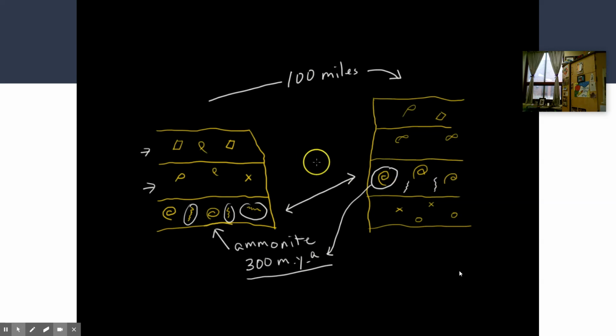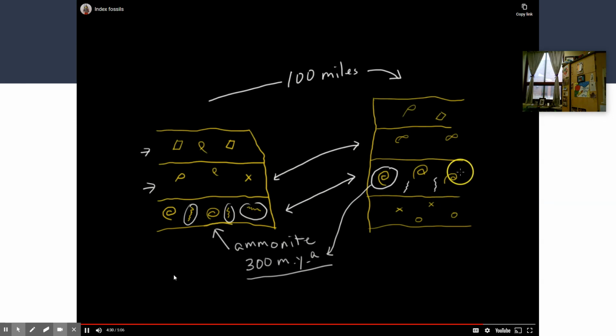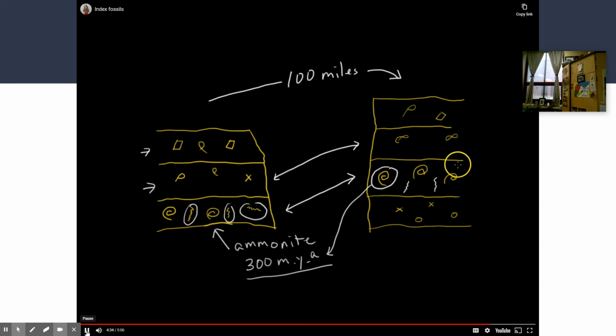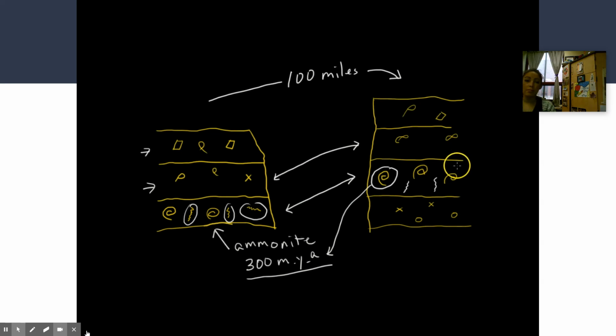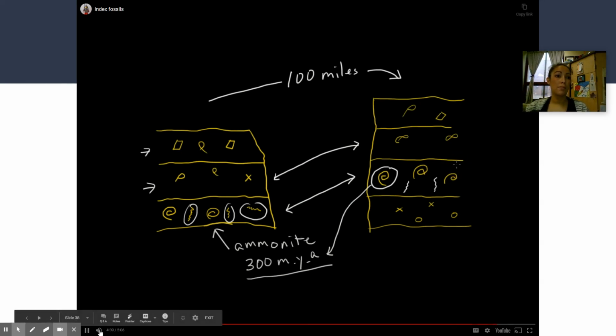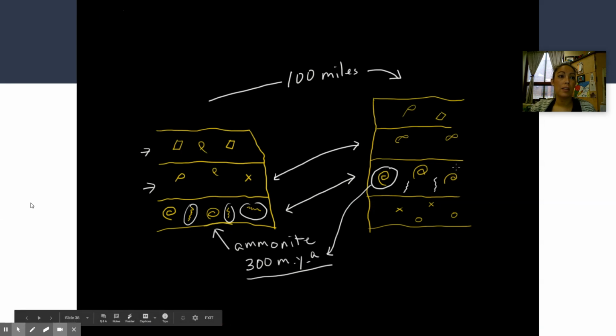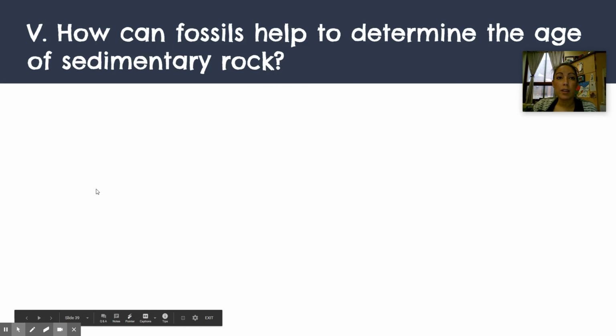And that might in turn, again using the law of superposition, let us see if this layer will match up with that layer, and so on. So that's the advantage of having an index fossil. It gives us information about the layer and the fossils around it, because we know about that index fossil. It gives us a label that we can put onto a section of time. And again, we can move on.